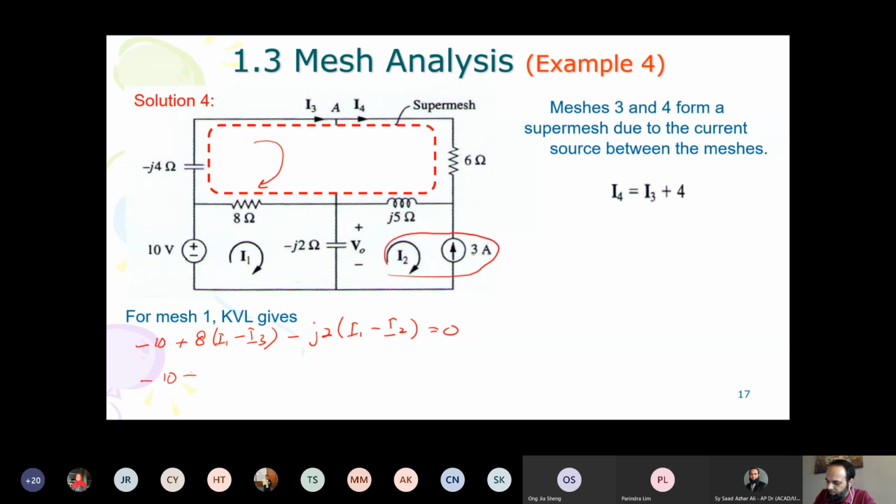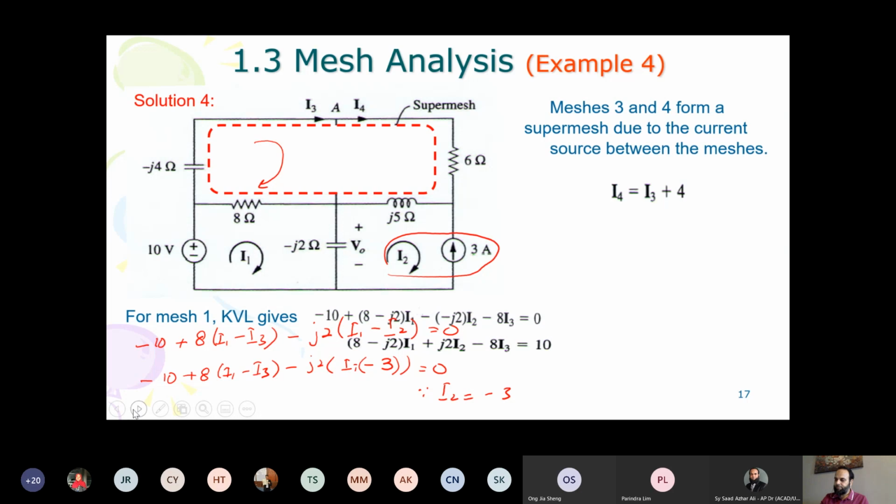So minus 10 plus 8 times I1 minus I3, minus j2 times I1 minus minus 3, equal to 0, since I2 is minus 3. All right, so this is the equation.